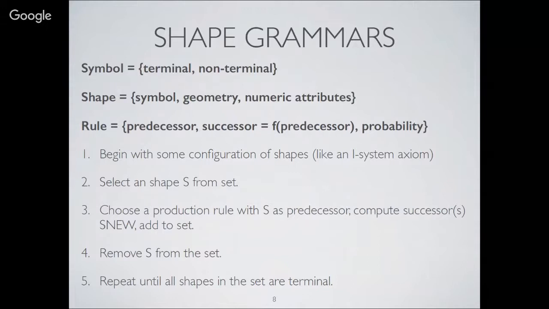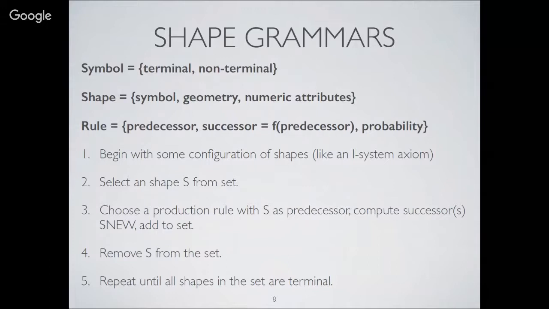Then next, we might have a type of geometry associated with it. This could tell me, am I a cube? Am I a sphere? What sort of geometry am I? And finally, we can have a selection of numeric attributes. Numeric attributes can be things like where in the world am I positioned? What's my position? What's my scale?